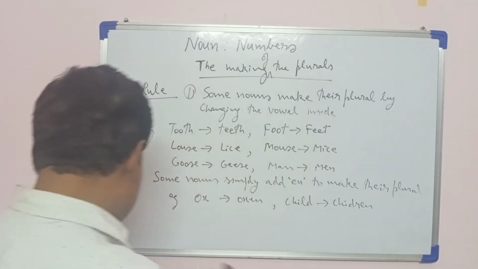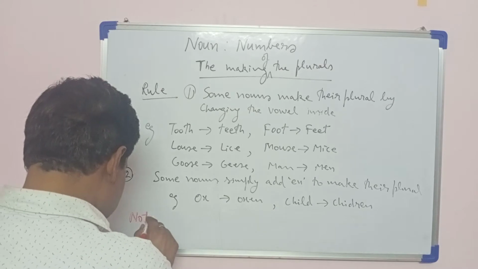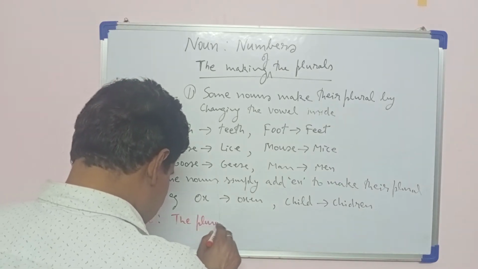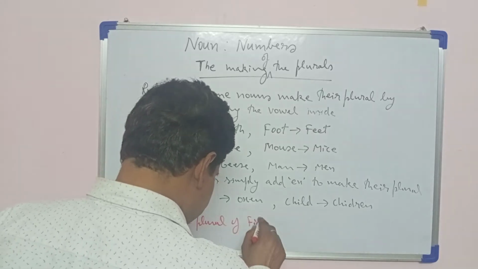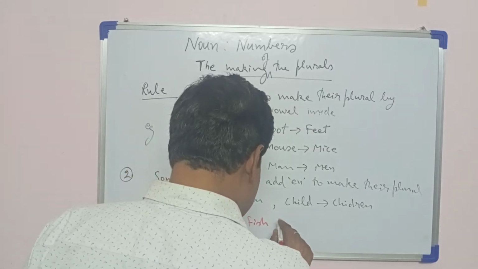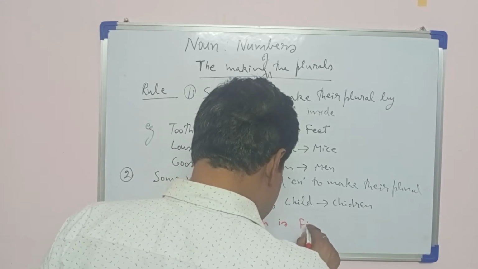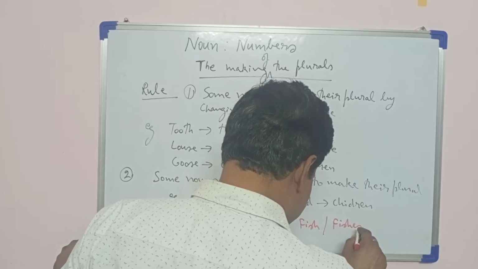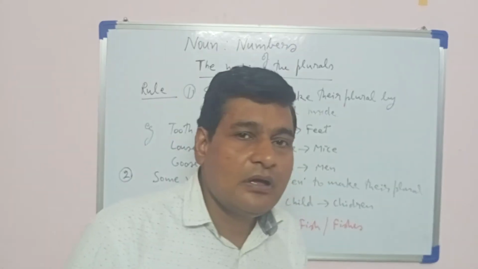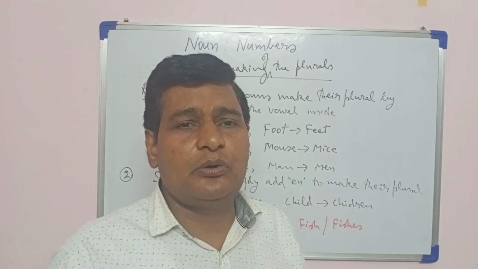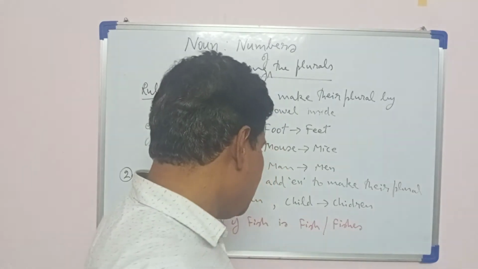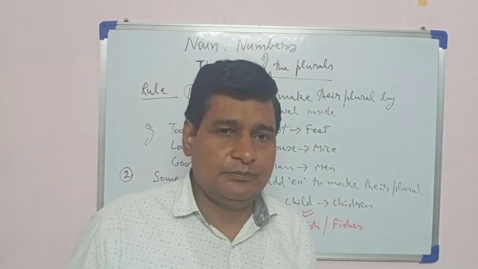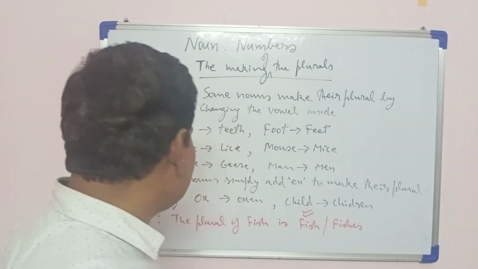So note, the plural of fish is fish or fishes. Fishes will be used when talking about different kinds of fish. Generally, fish is used as the plural. Okay. Let's move further.